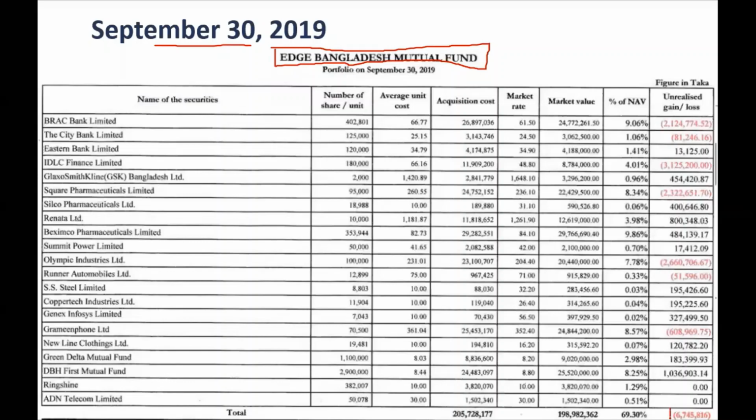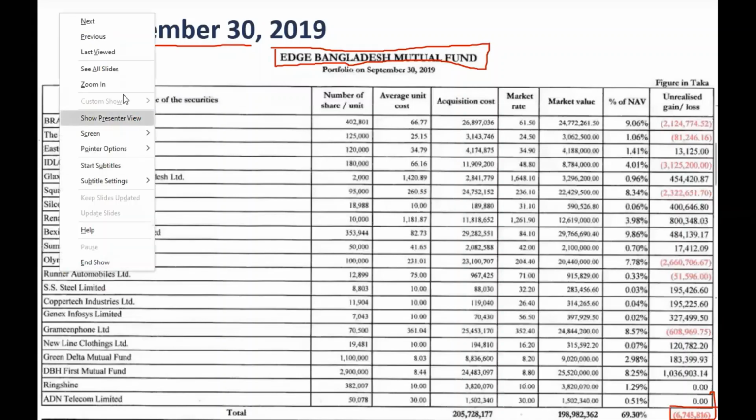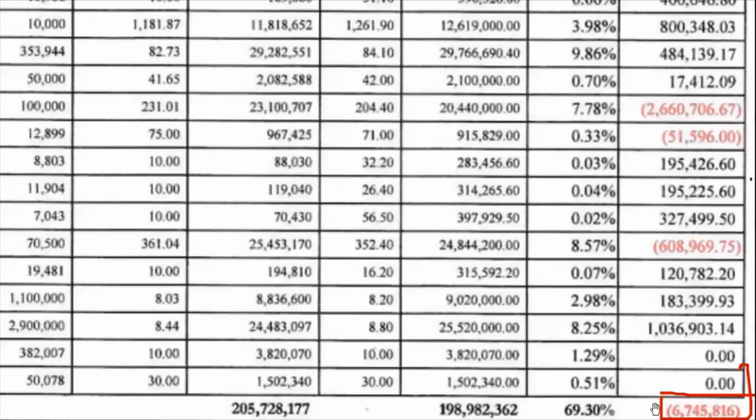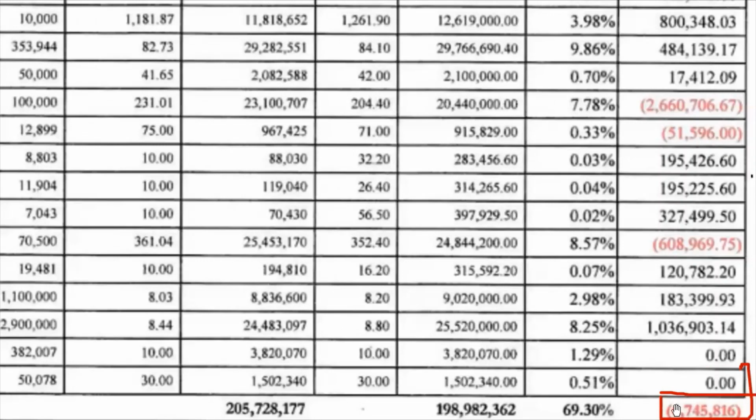Look at their portfolio condition. Their total portfolio is in loss, close to 7 million losses out of their investment of 205 million.